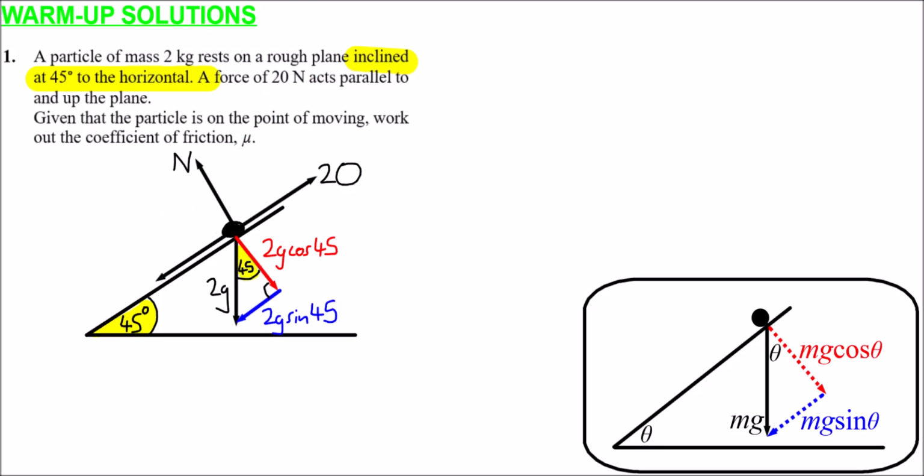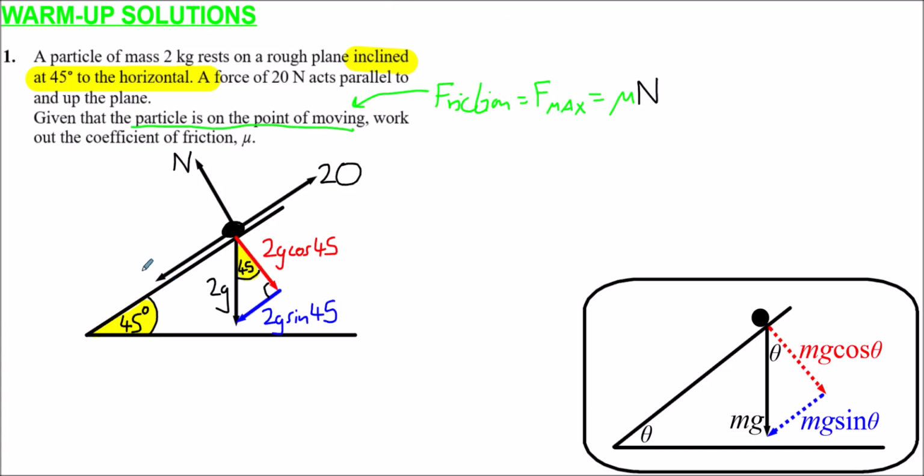And we're also told here that this is on the point of moving. If the particle is on the point of moving, what that means is the friction will be at its maximum value. Friction will equal F max, which, as we hopefully can remember, is mu multiplied by N.